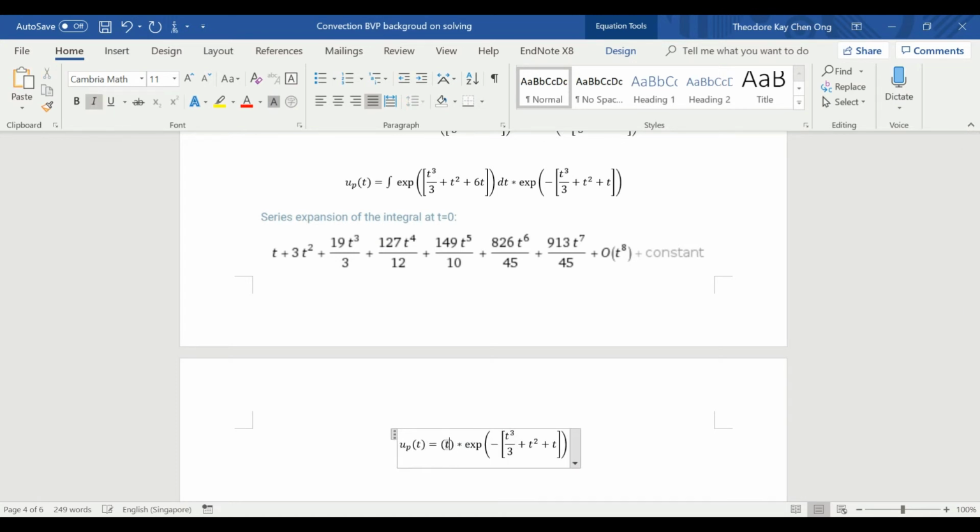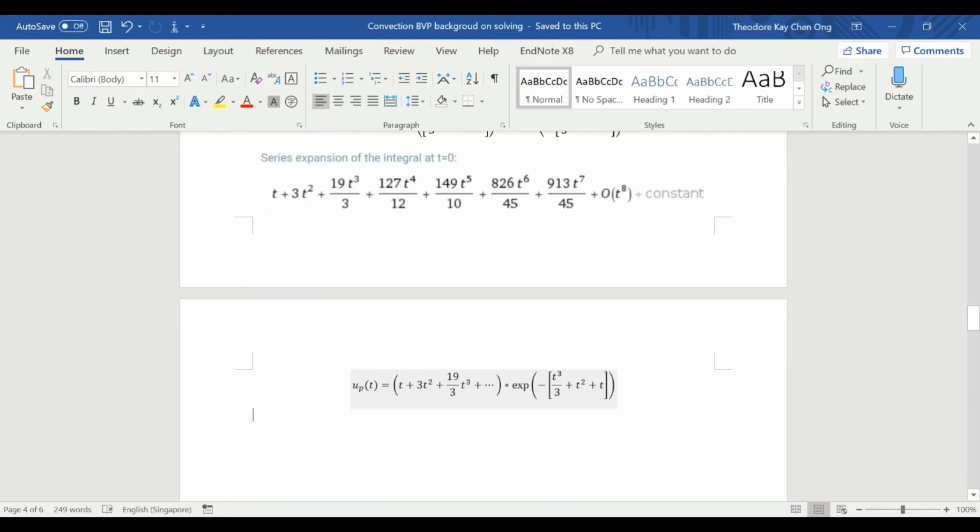So t plus 3t squared, t squared plus 19 over 3 t cubed plus dot dot dot. So this is the particular solution, and we have a homogeneous solution as well.